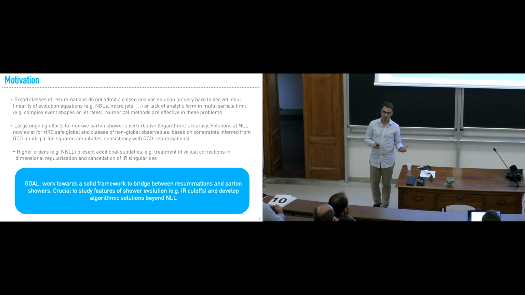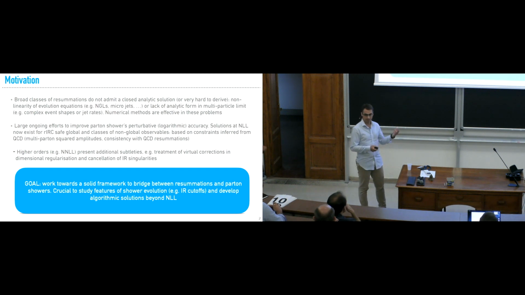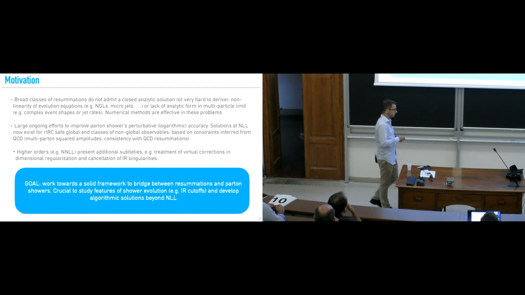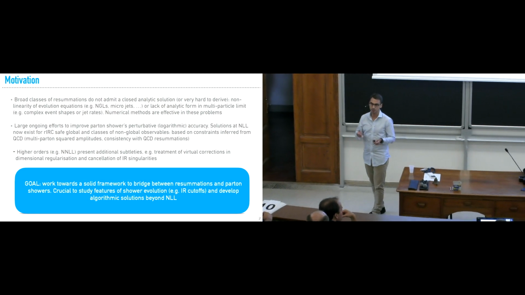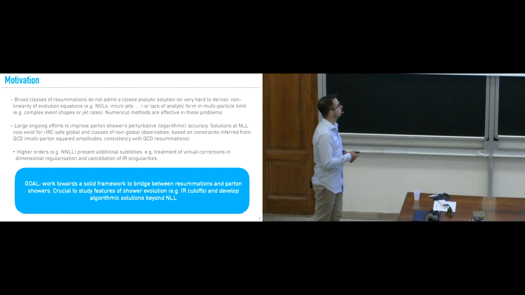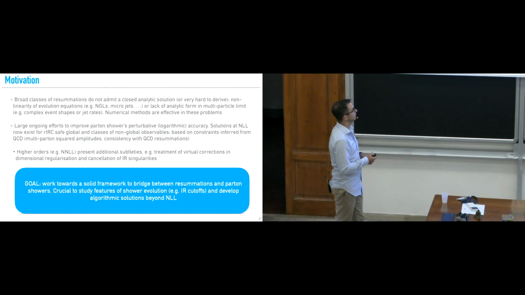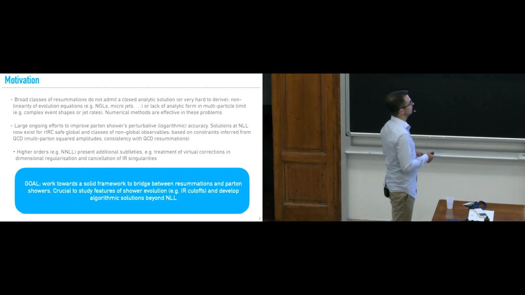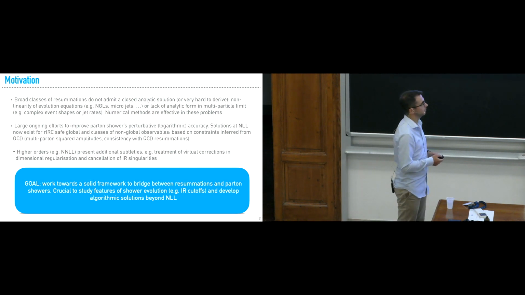Examples are microjet fragmentation, fragmentation of small-R jets, or non-global logarithms, or to the fact that the measurement function doesn't have an analytic form, for instance, some event shapes or jet rates. In that case, we cannot tackle this problem with standard analytic techniques, and numerical methods are an effective way to understand how to resum some of these observables.